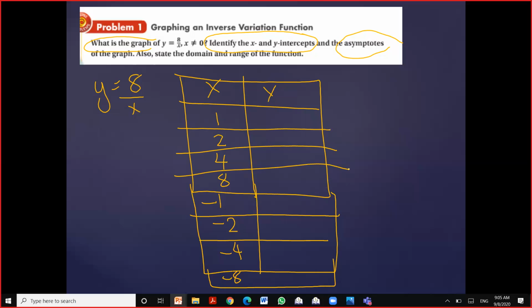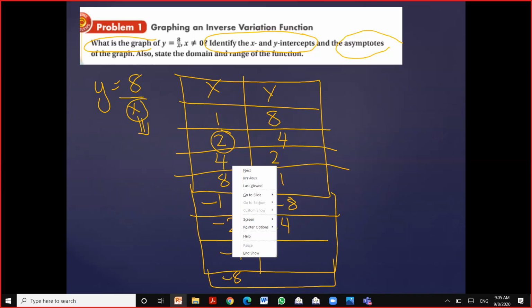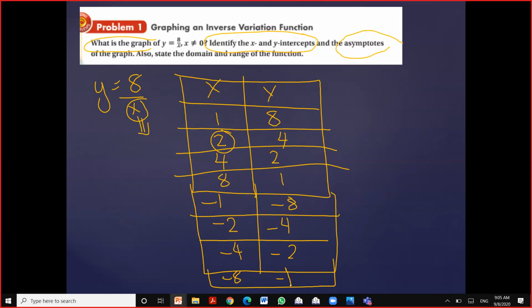At 1, we say 8 over 1 is 8. I will substitute 2 for x: 8 over 2 is 4. 8 over 4 is 2. 8 over 8 is 1. 8 over -1 is -8. 8 over -2 is -4. 8 over -4 is -2, and 8 over -8 is -1.